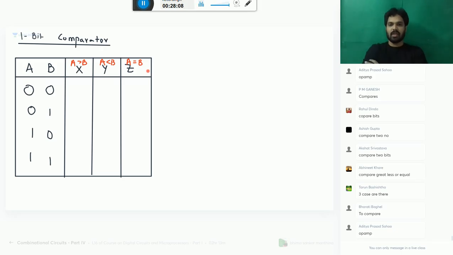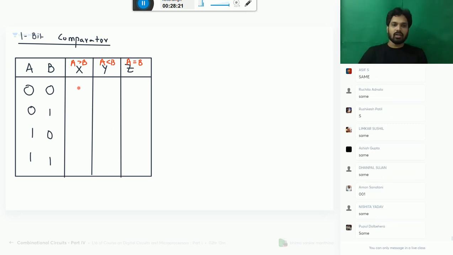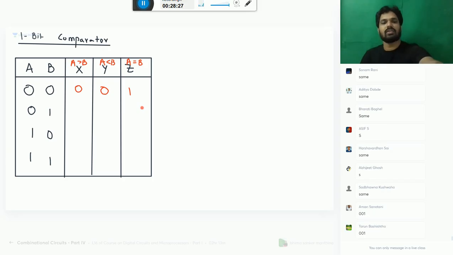Your magnitude comparator is also an op amp; that is also true. Now see here. 0 and 0, both are same or different? Same. So it is not greater than, it is not less than, it is equal. Next. 0 and 1, greater than or less than?